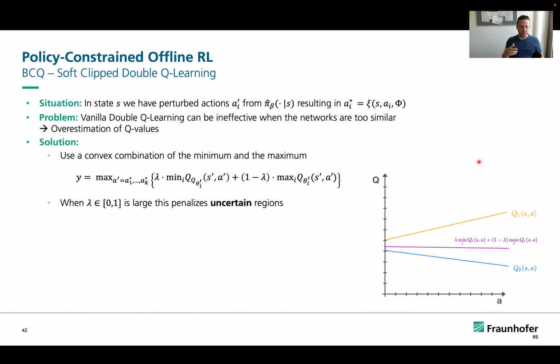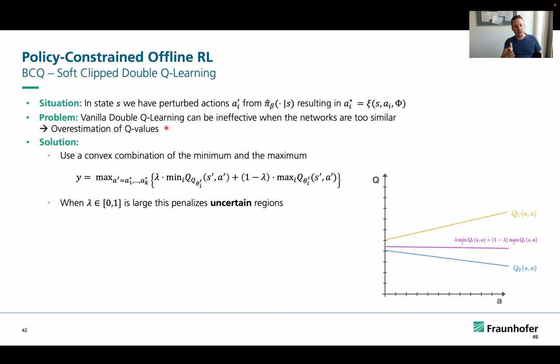And the third component is soft-clipped double Q learning. The problem is that we have these perturbed actions A prime resulting in some A star prime, some maximizing action. We have seen in the DQN lecture that we can use double Q learning to fight the overestimation bias.